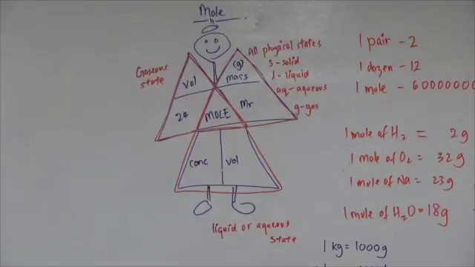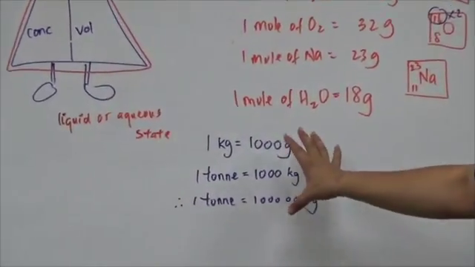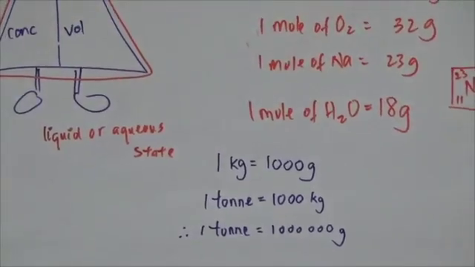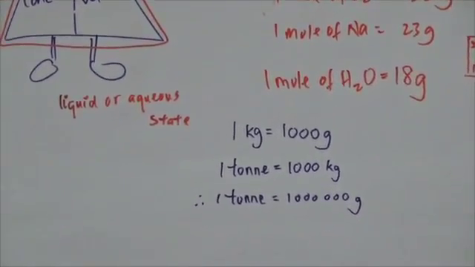Therefore, 1 ton is equal to 1 million grams. If you have not learned this yet, I would advise that for now you just copy it. I'll teach how to do the unit conversion next week.